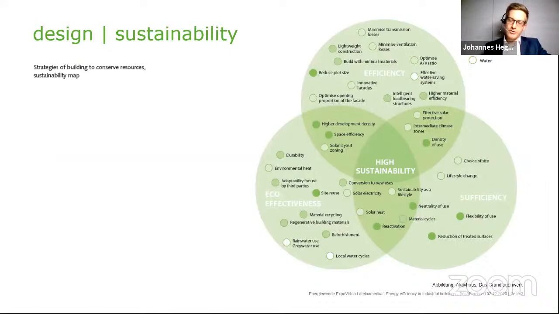In our practice, we always look at this sustainable map, as we call it. Here we have all the topics that we have to deal with. For example, we look at different facade designs, to see if we can do something with that. We have to look at space efficiency, because our clients a lot of the time just wish the space that they know.